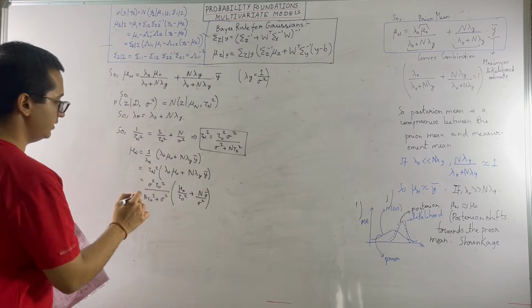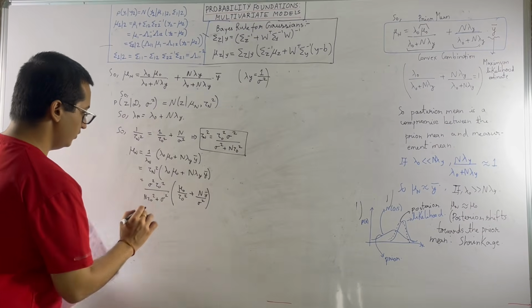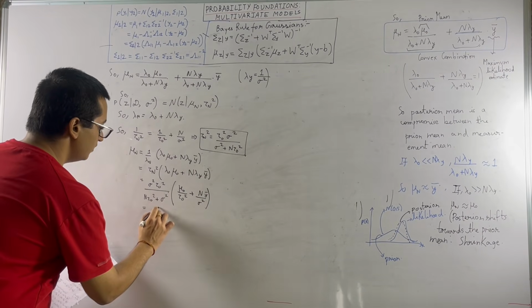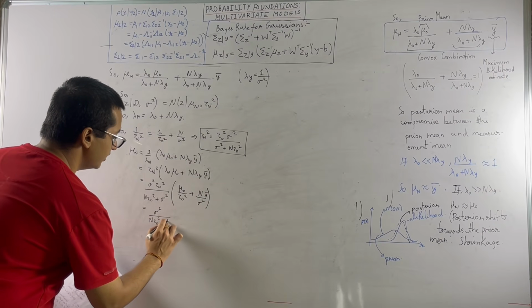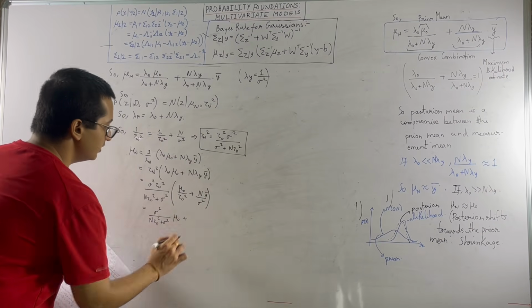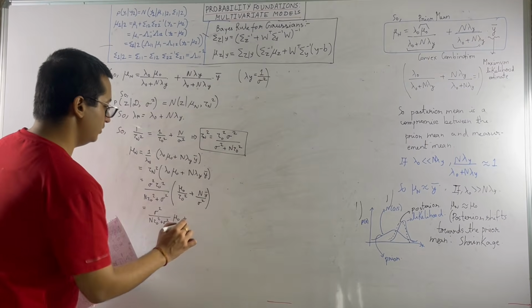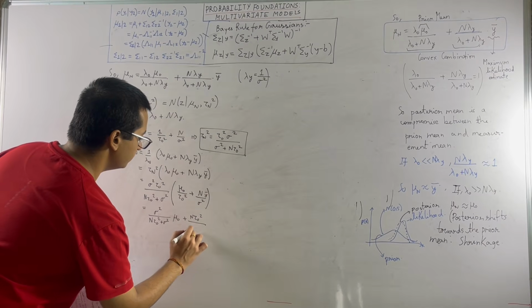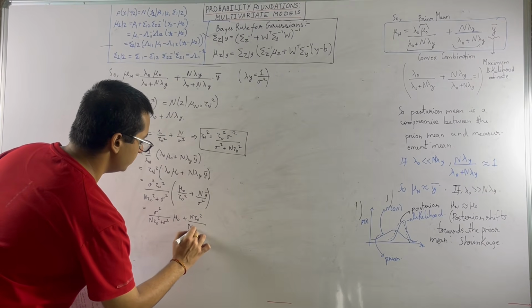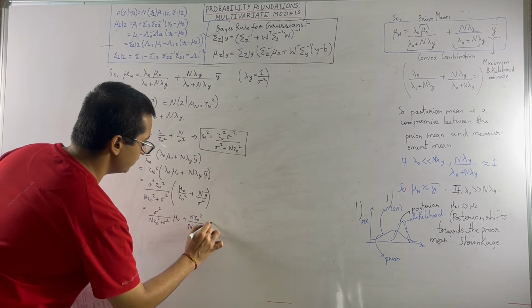All right, so you can just simplify it. So what do you get? Sigma square by n tau naught square plus sigma square mu naught, plus n tau naught square by n tau naught square plus sigma square y bar.